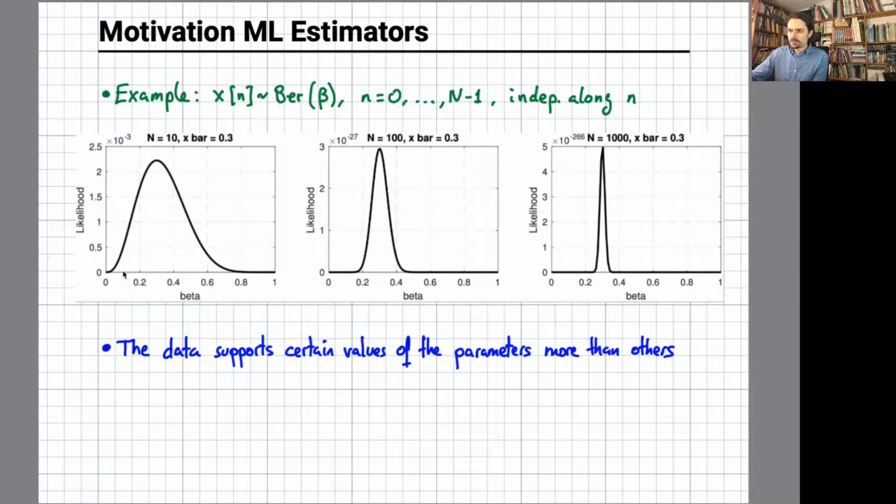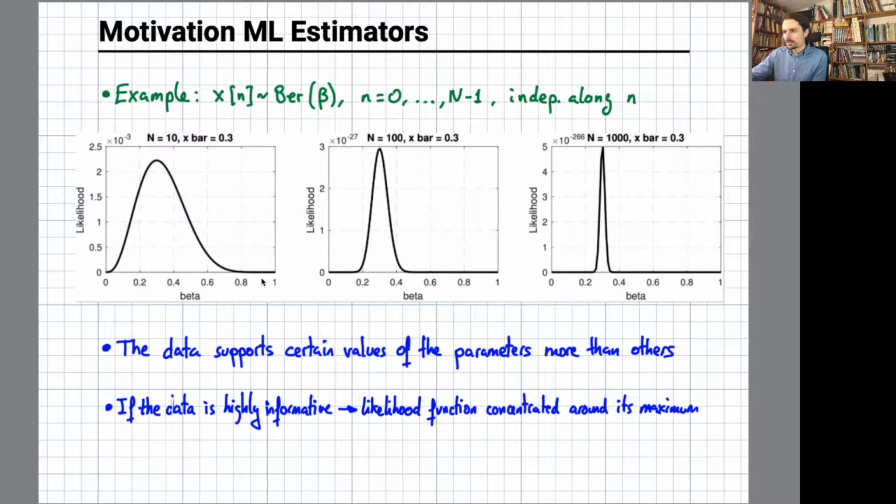So the first observation was that given this interpretation of the likelihood function, the data supports certain values of the parameters more than other values, right? And we also saw that the more data we had, the more concentrated the likelihood function is around its maximum, right?